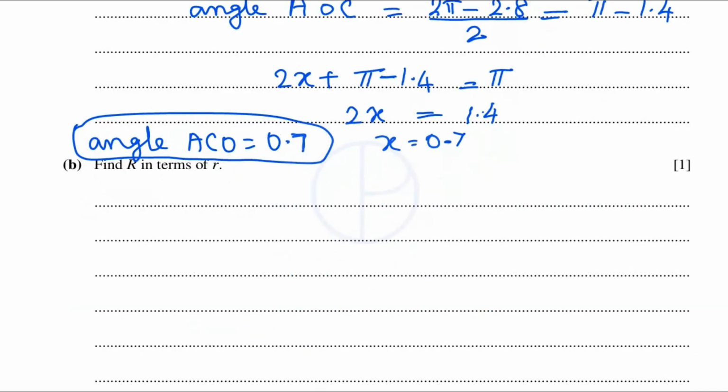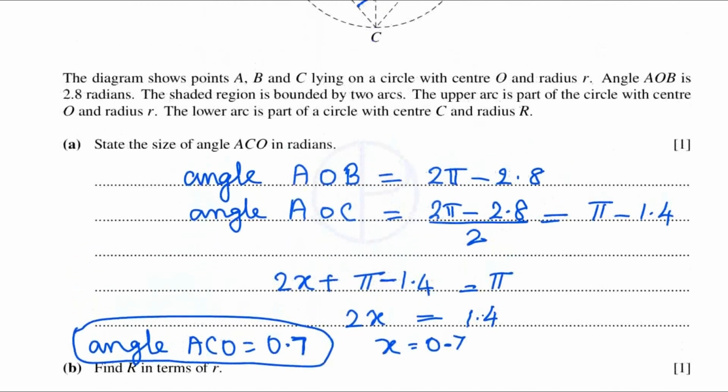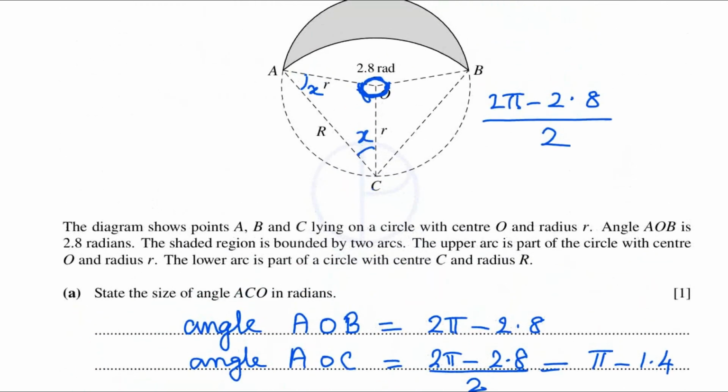The next part of the question is find capital R in terms of small r. So we need to find capital R in terms of small r. Let's consider triangle AOC. We know three sides: two small r, one capital R, and we know one angle also.